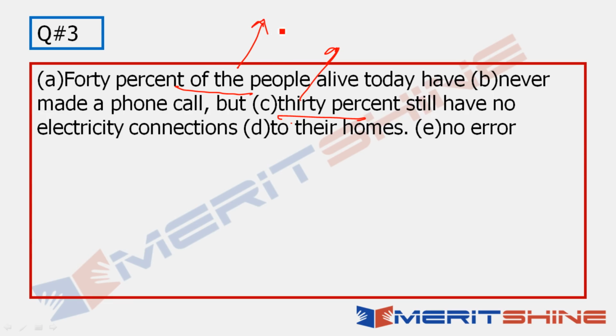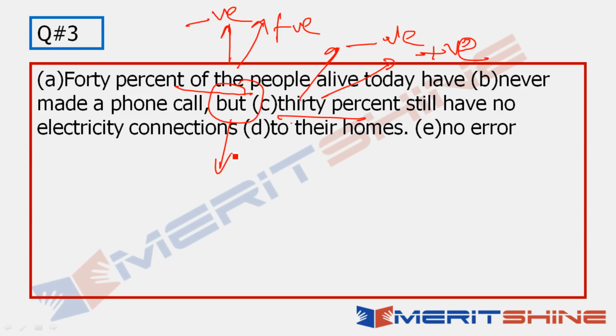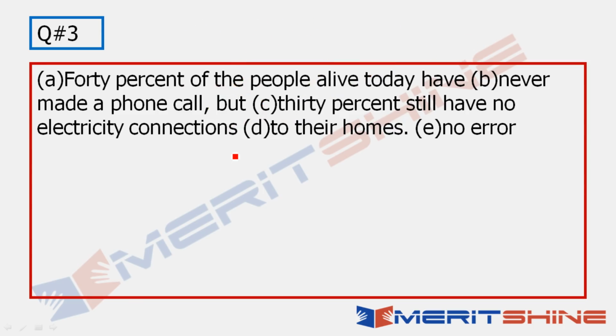Is it that before but they are talking about something positive and after but something negative? So is it contrasting? Because if it is contrasting, then only can we use that conjunction but. And if it's not contrasting, how can we use this conjunction but?